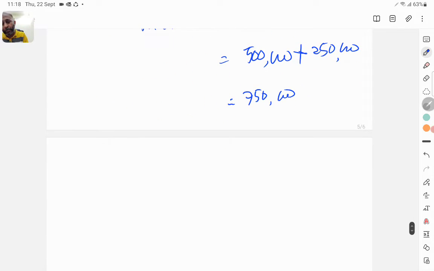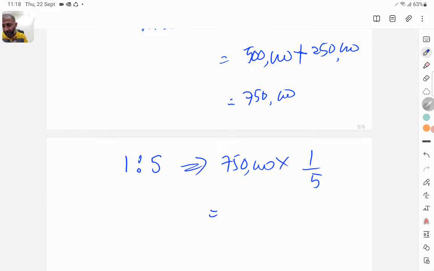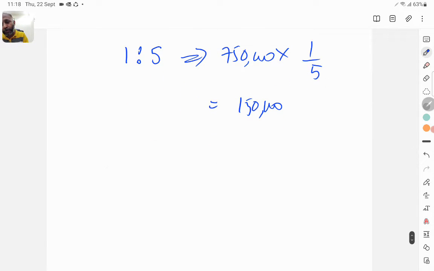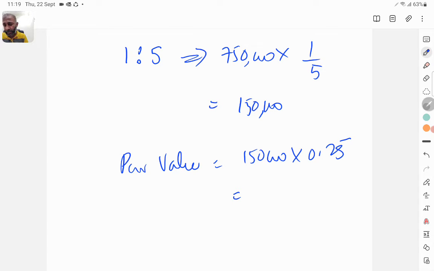Now the arrangement is 1 for 5. So therefore 750,000 into 1 over 5, how much do you get? 750,000 into 1 divided by 5, 150,000 number of shares. So the par value will be 150,000 into 0.25, the dollar value of the shares, so 37,500.